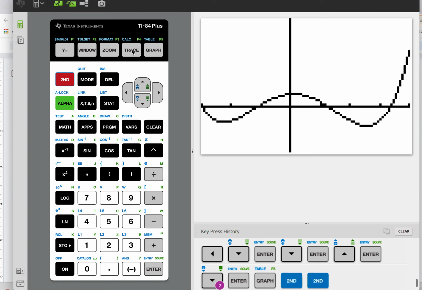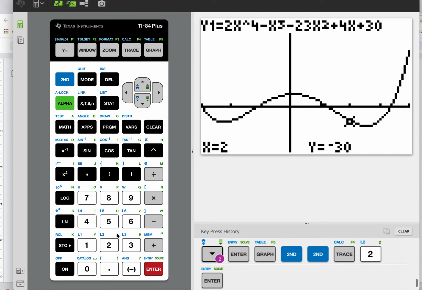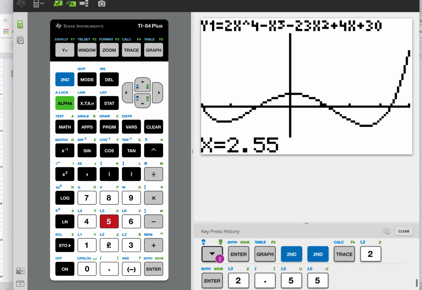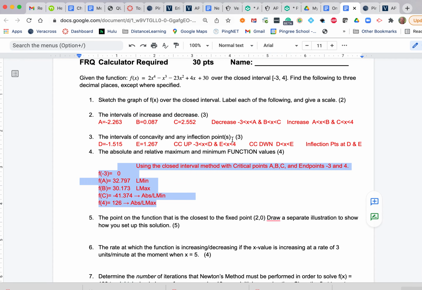I just want to do trace. And when I trace, I can type in any value. I can type in 2, and it'll give me the function value at 2. I want to type in 2.552, if I recall. And when I hit enter, that is the absolute minimum value there, negative 41.374. And there you see it, negative 41.374.